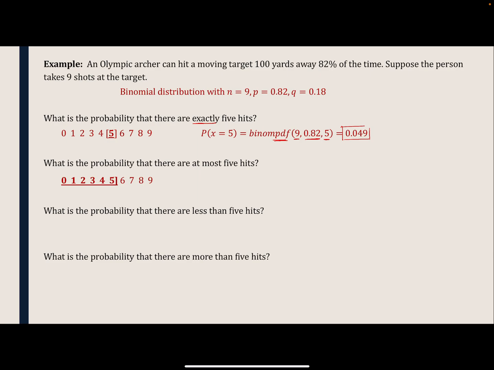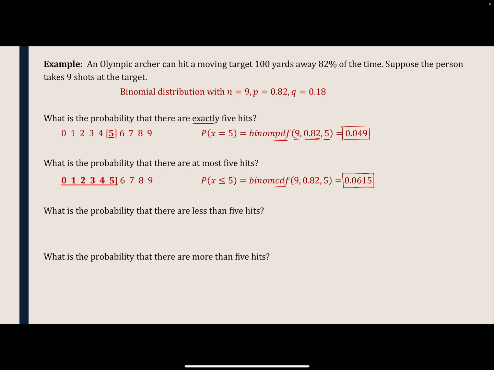Whenever we're looking for a number of successes or less than that number, we use the binomial CDF command. So I'm literally entering the same values here, but I'm using the CDF instead of PDF, because that CDF command basically adds up all of the individual PDF commands. And we get this 0.0615.